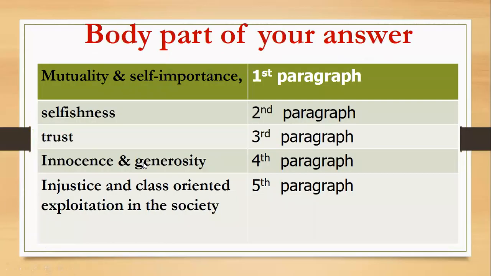In the body part of your answer, in separate paragraphs, you have to discuss those points. You should not mix them and write your answer. If you have an organization like this, it will impress the examiner and you can write a clear answer for the question.